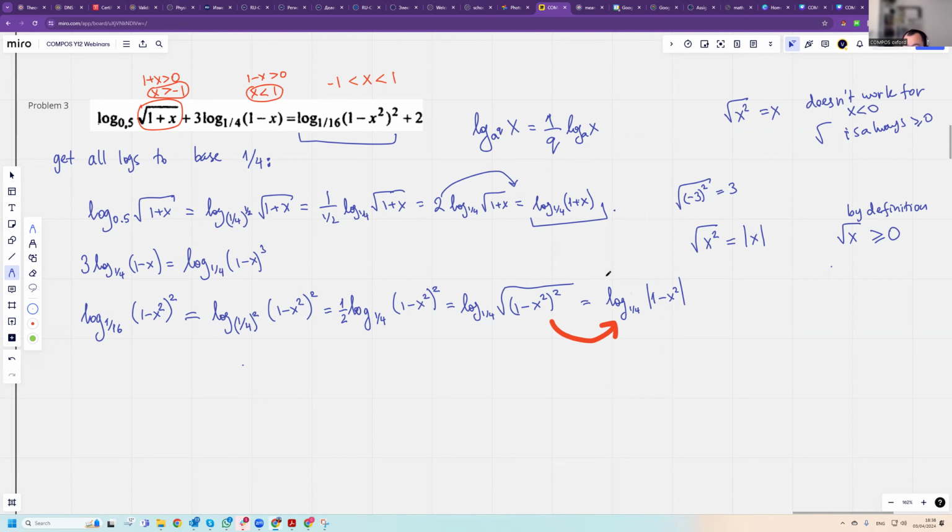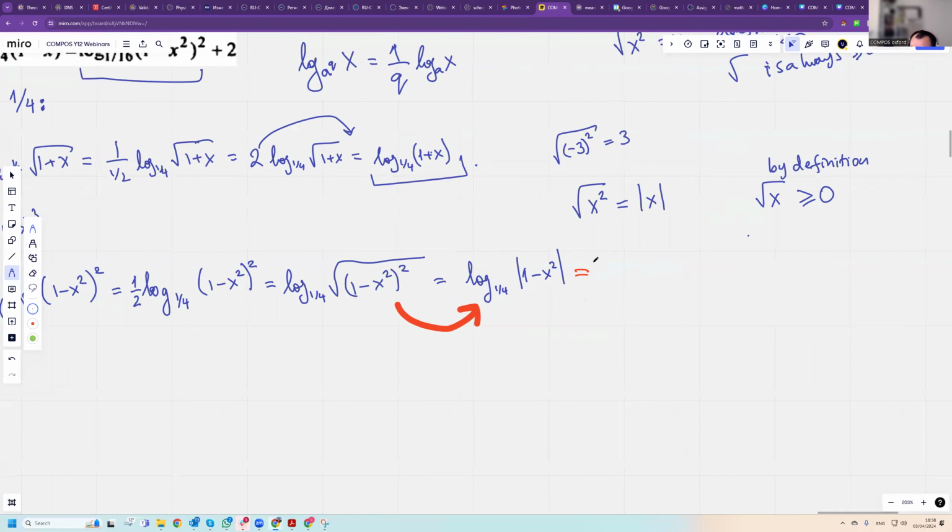It is positive, because if x is between minus 1 and 1, that means 1 minus x squared is always positive. And that means we can now remove the modulus sign, as 1 minus x squared is always positive.